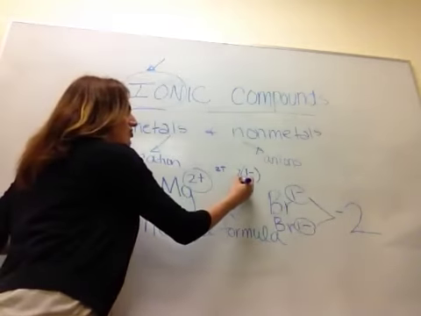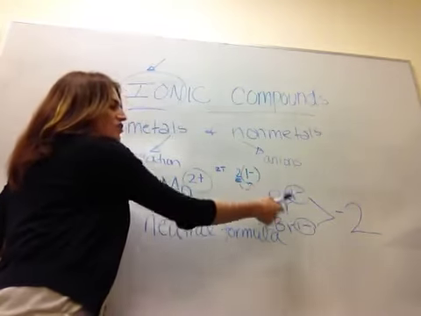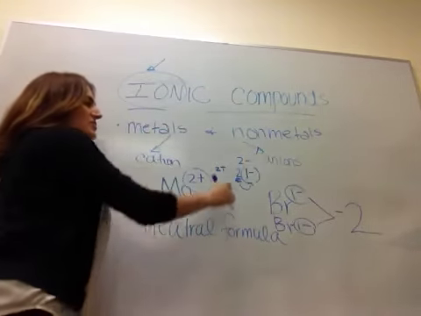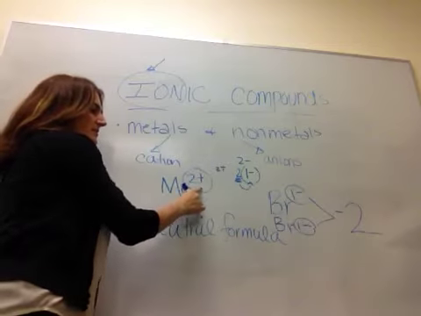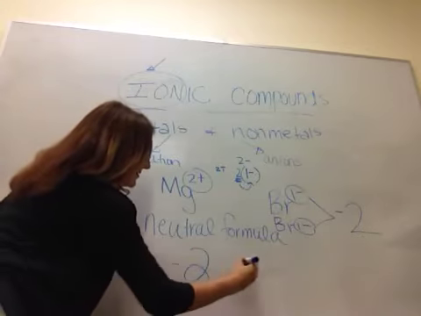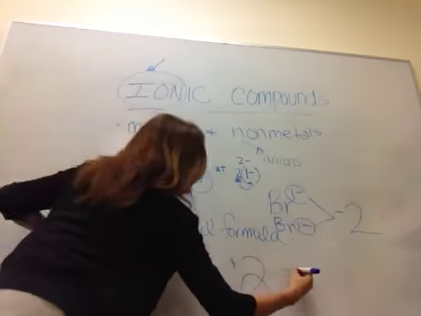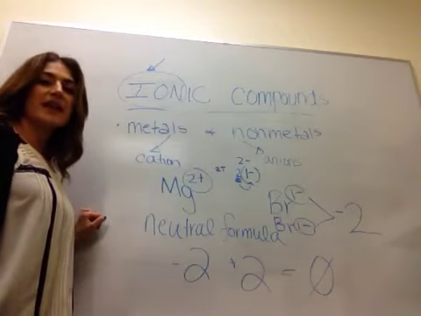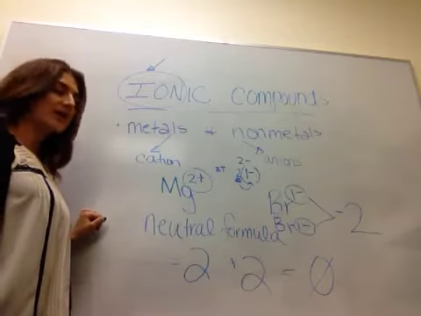So if I add 2 of the 1- charges, I get 2-, and 2- and 2+ make 0 for a neutral compound. That's the goal, a neutral compound.